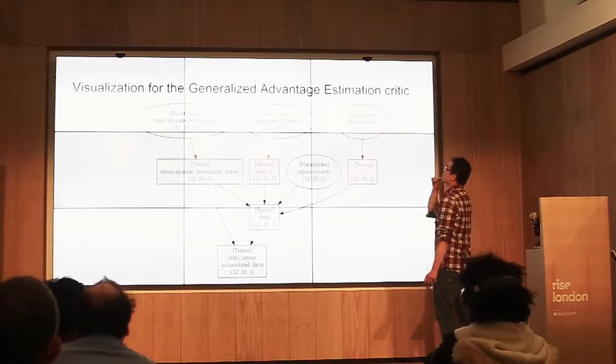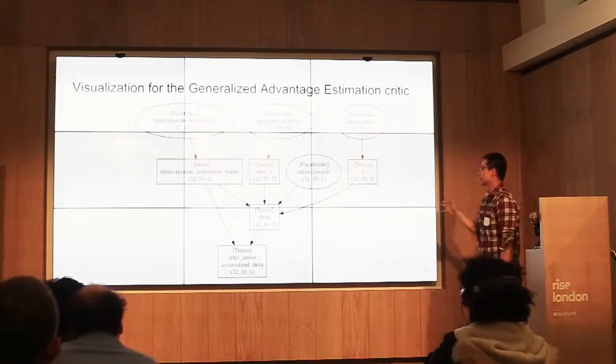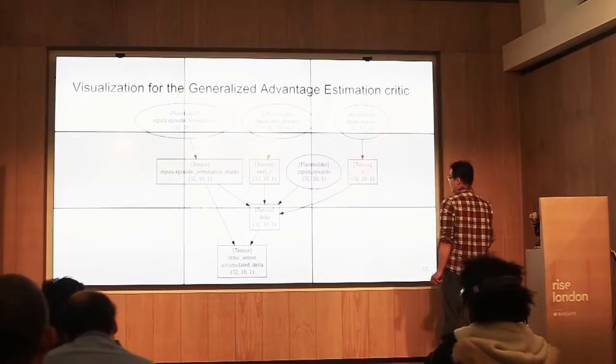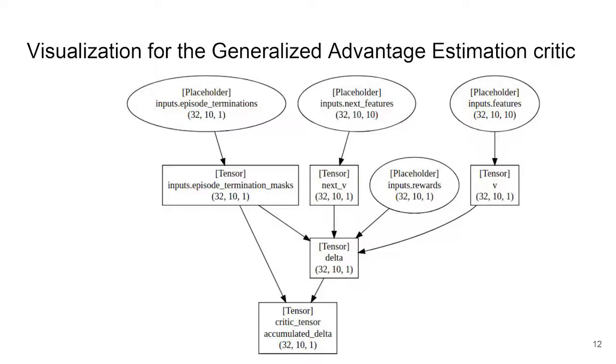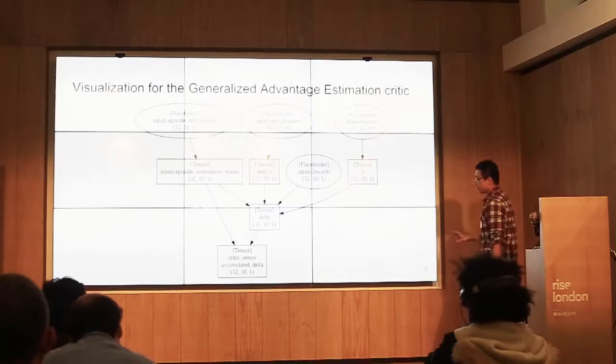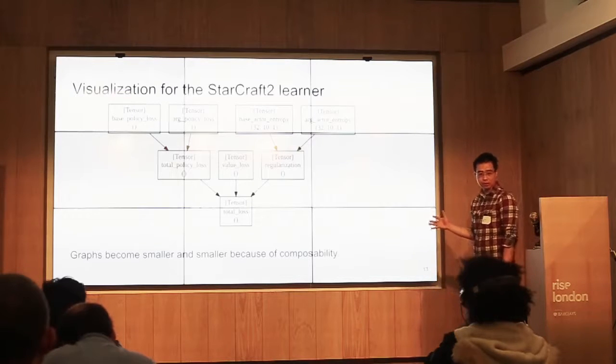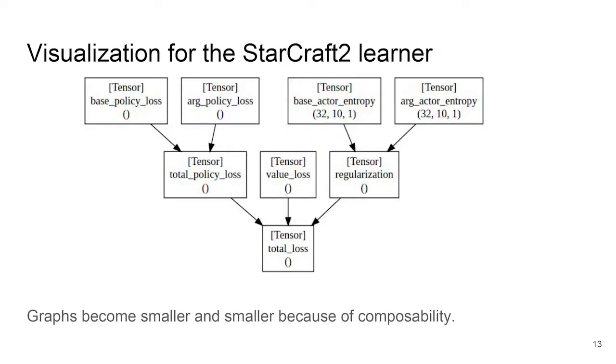Now, usually in a machine learning application, you compose different learning modules together. So here, this is a chart for another critic called Generalized Advantage Estimation. This critic uses the TD lambda critics before. So the TD lambda critic is actually in here and here, which provides some inputs to this critic. And the graph is smaller. And finally, this is the whole chart for the code for DeepMind StarCraft 2 learn. And it's way smaller.